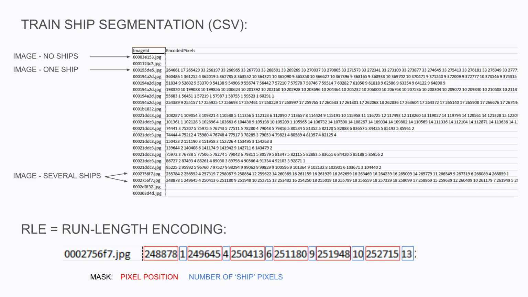So there were 768 times 768 pixels, something like that, I don't remember now. But basically, the first number says the pixel at that position is ship, and so on.